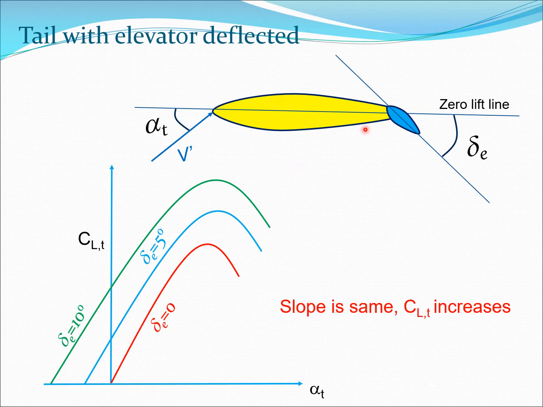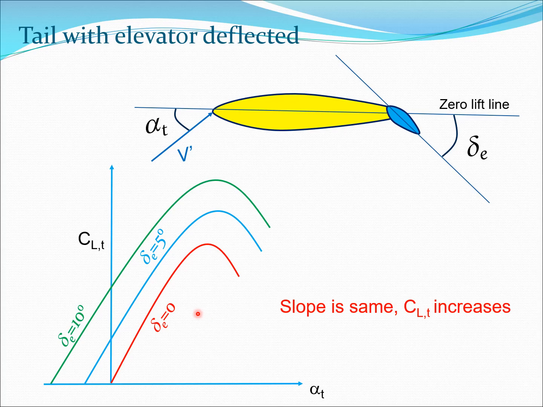So now if we were to deflect this elevator control surface, what would happen is that this deflection would be given by this value delta subscript E, and then we can get several different curves depending on the value of delta E. So again, think back about the trailing edge flap type of situation. I have made a video long ago in this lecture series on that.